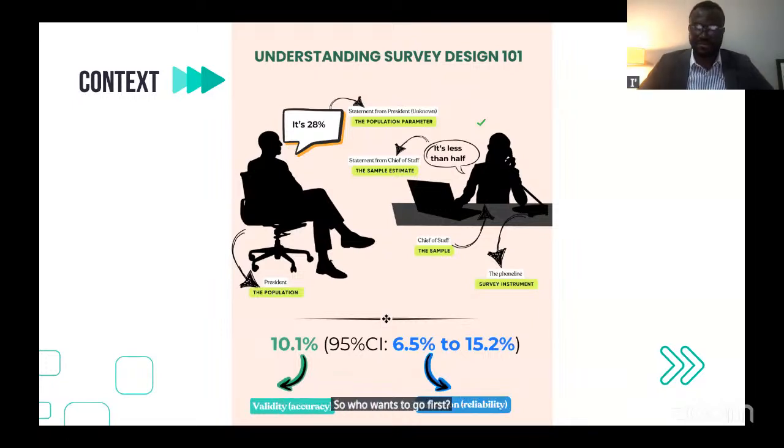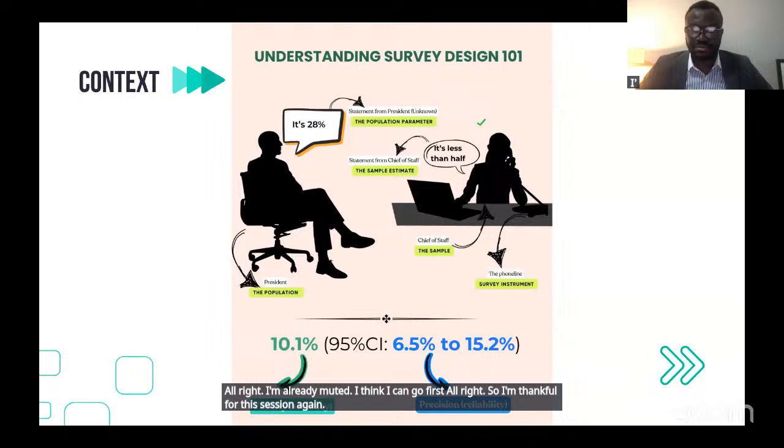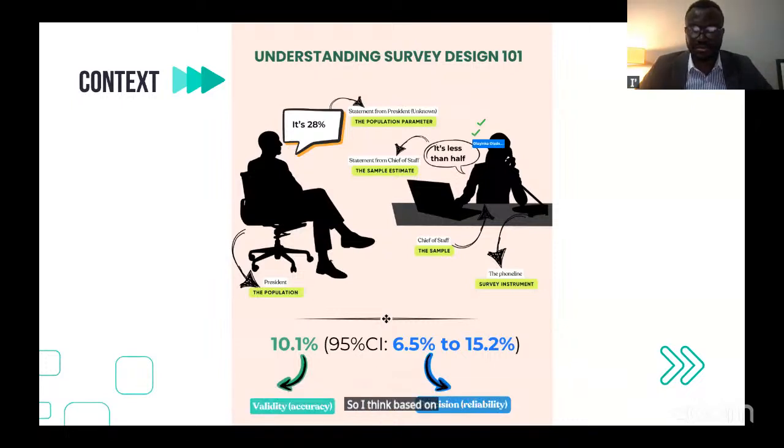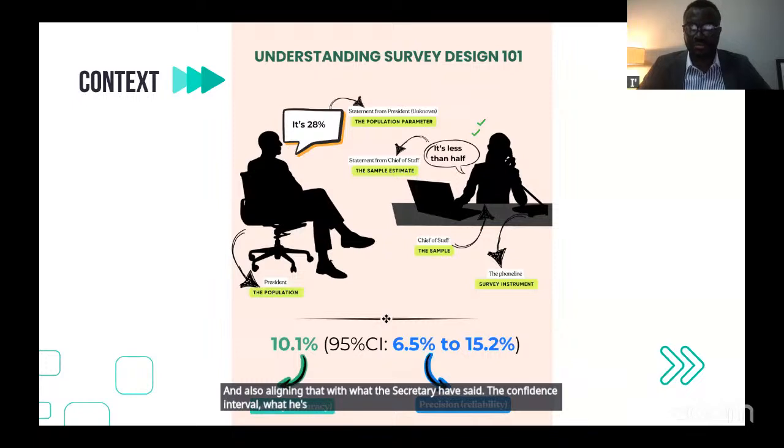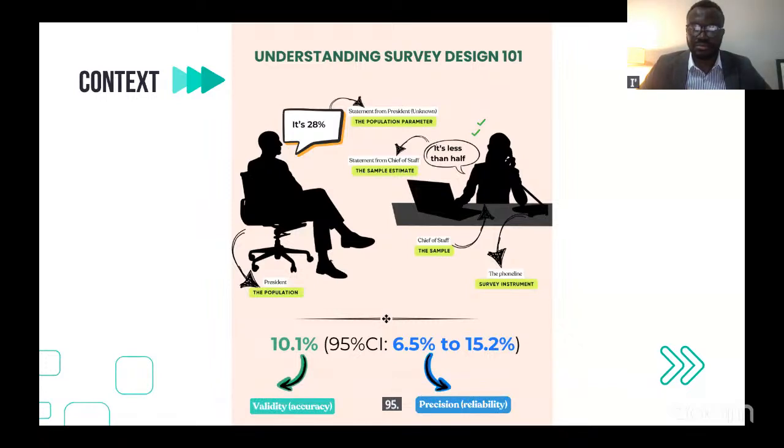Okay, great. All right. So thank you, Prof, for this session again. I think based on what the president would have said, and aligning that with what the secretary has said, what the confidence interval is trying to determine is that what the president would have said lies between 6.5% and 15.2%, 95% of the time.